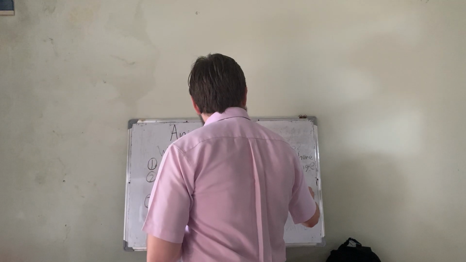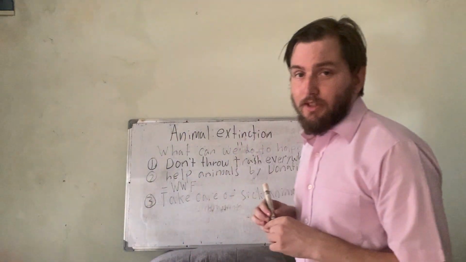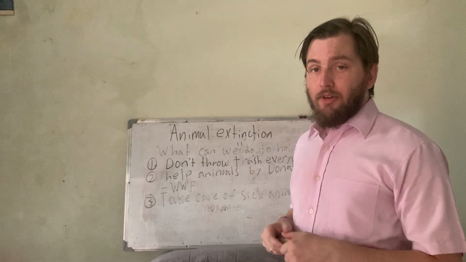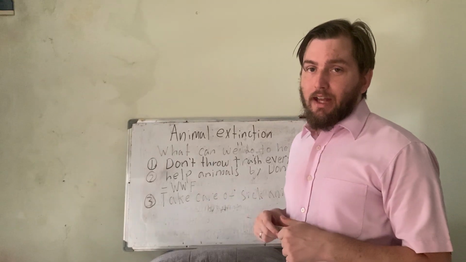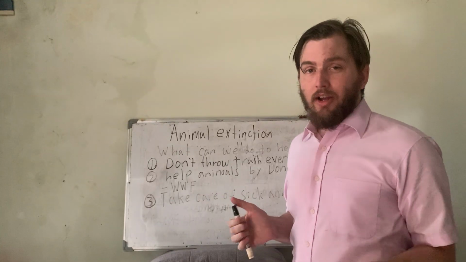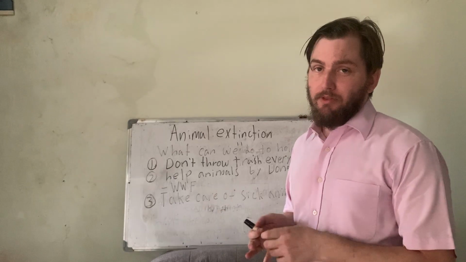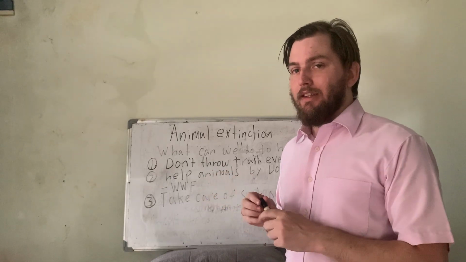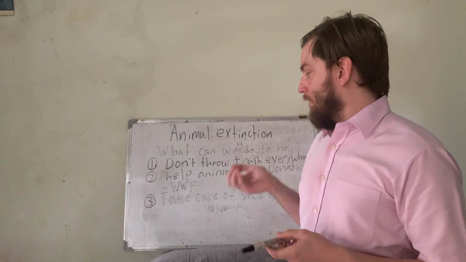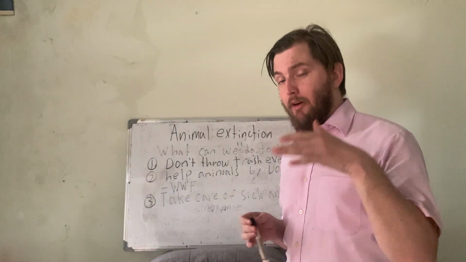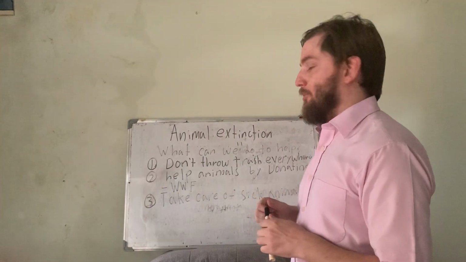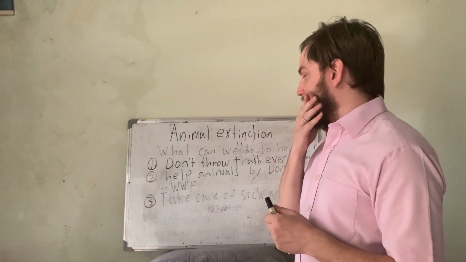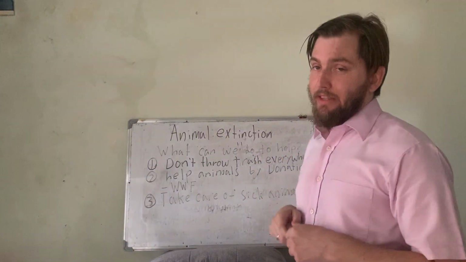That means if you see an animal hurt, that helps no matter what the animal is. And if it's going extinct, help the animal. You guys are too small to help in that way, but when you grow up, hopefully you can help with these animals. So those are three things that we can do.